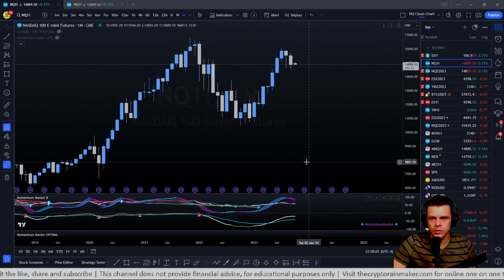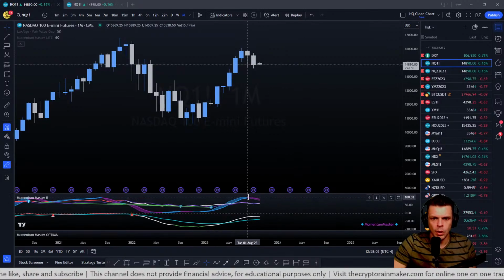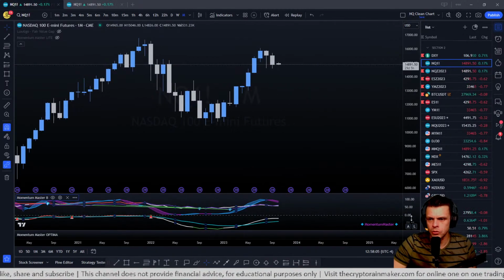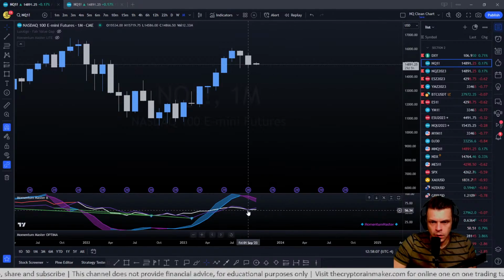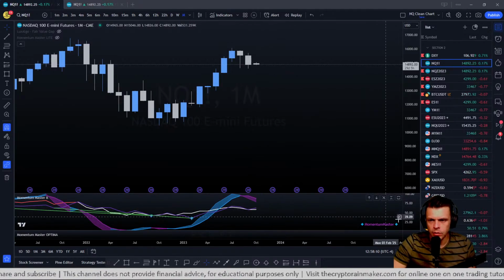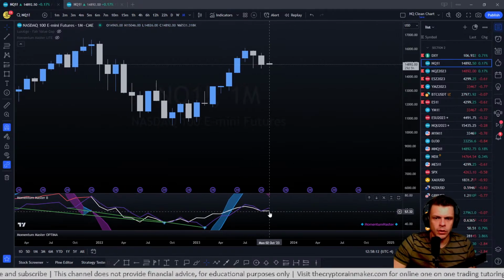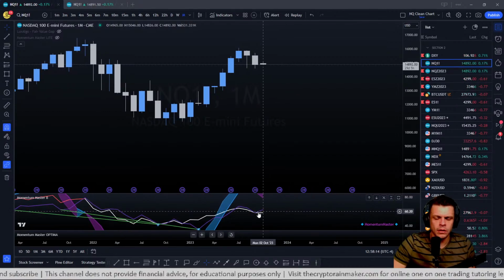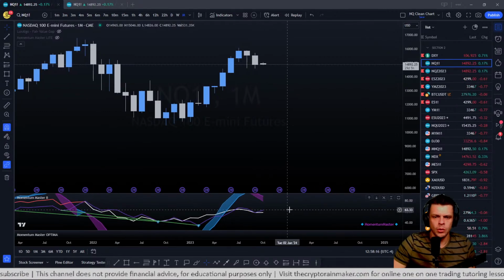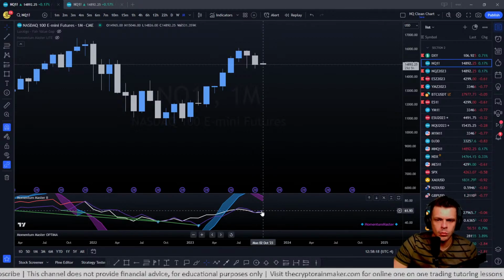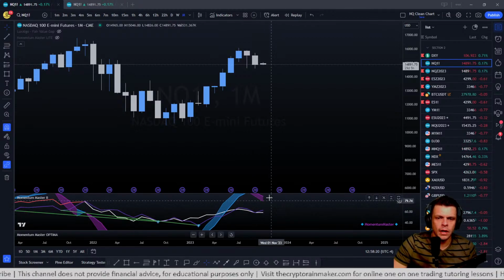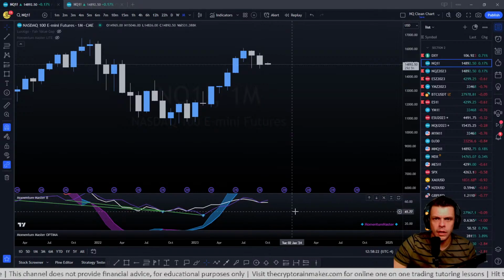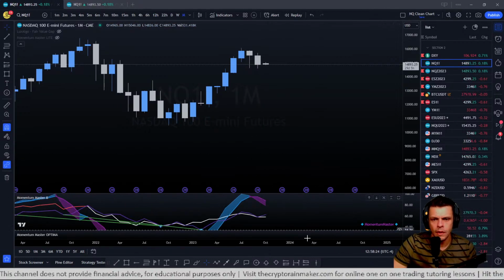The oscillators is overextended. The momentum and the strength looks like it is starting to run out. And then the money flow, the purple line, is above the RSI, which is a bearish indication. But normally the strong bearish indication is whenever you have the money flow above the RSI and far away from it. So we don't have that condition right now.